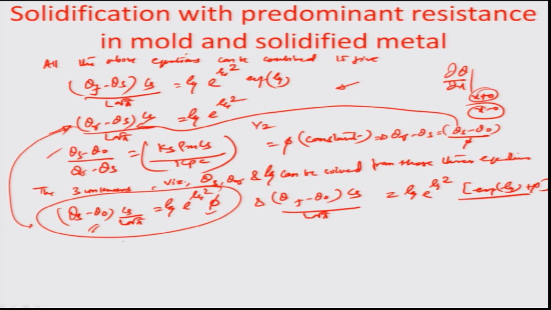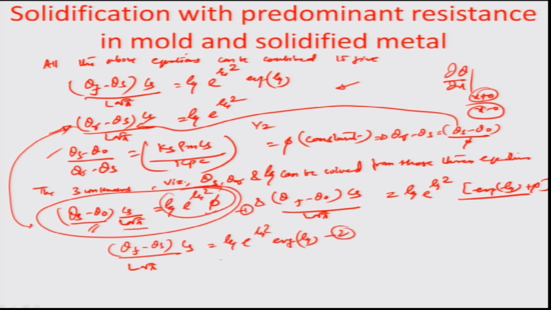So here, for example, we are trying to solve (θf − θs)·Cs·L/√π equals ζ e^(ζ²) erf(ζ). So, we already know that this (θs − θ0) times Cs·L/√π is actually this ζ e^(ζ²) φ. So, let us call this equation 1 and 2.